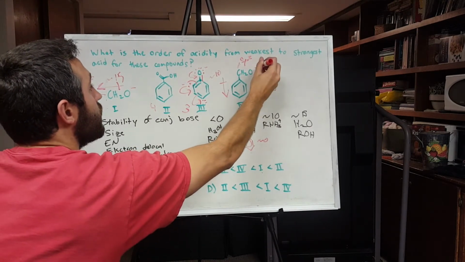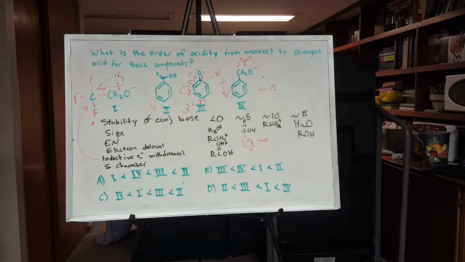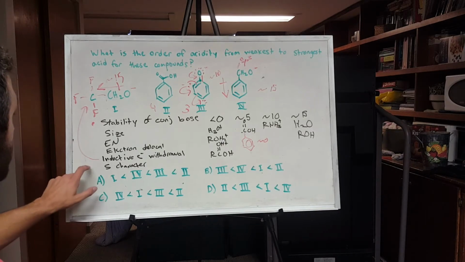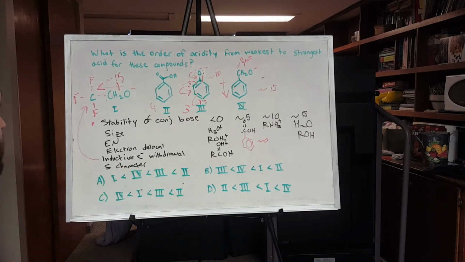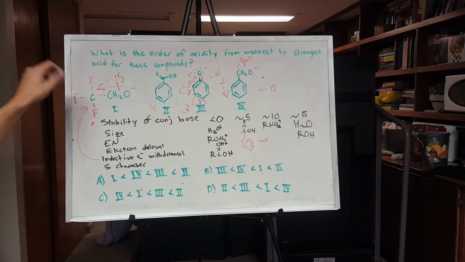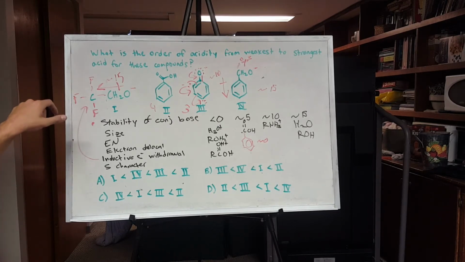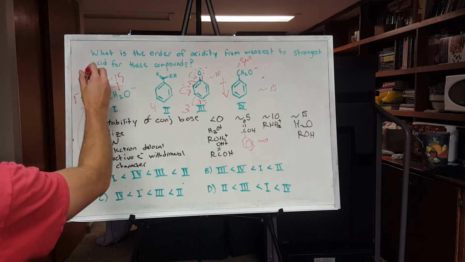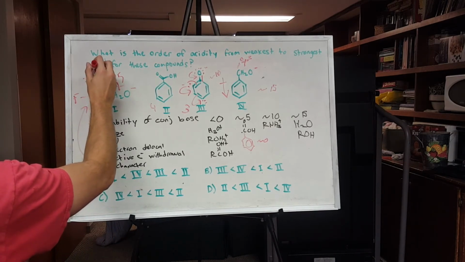Basically what it comes down to is which one's better at inductive electron withdrawal, and it will be this guy. CF3 is more electronegative than a benzene ring. Fluorine is as electronegative as can be.